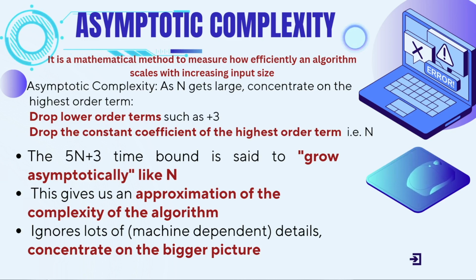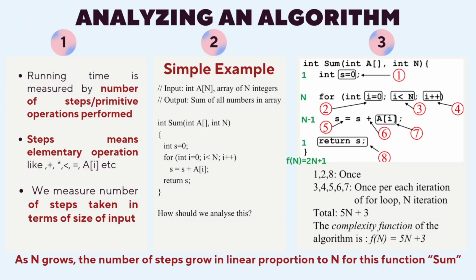In the previous example, we measured the complexity of the algorithm sum to be f of n equal to 5n plus 3 when we took primitive operations, and f of n equal to 2n plus 1 considering the number of steps.